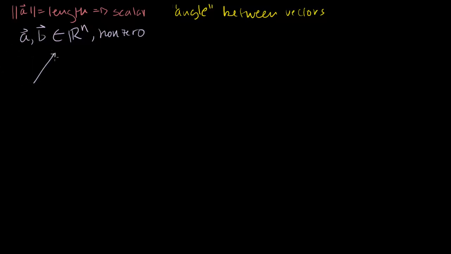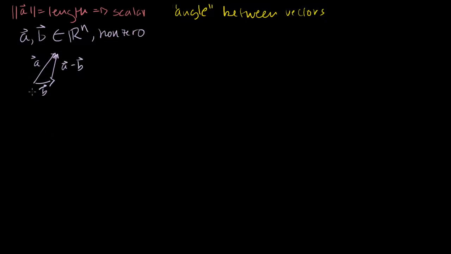So that would be vector a right there. Maybe that's vector b right there. And then this vector right there would be the vector a minus b. And you can verify that just the way we've learned to add and subtract vectors, heads to tails. So b plus a minus b is, of course, going to be vector a.